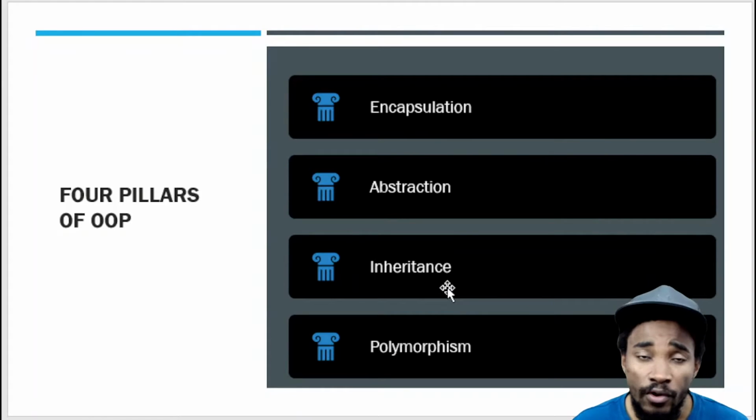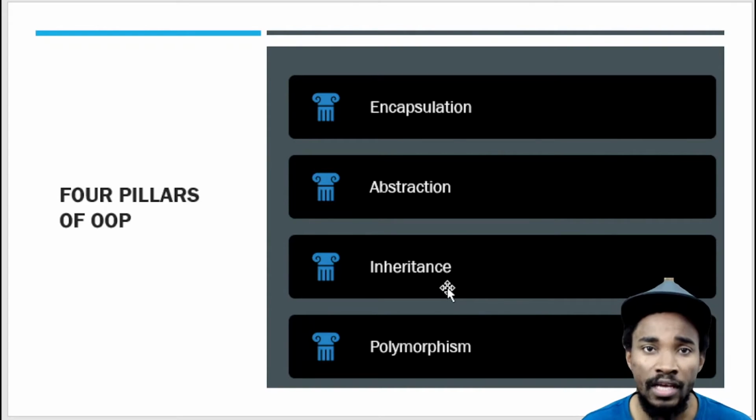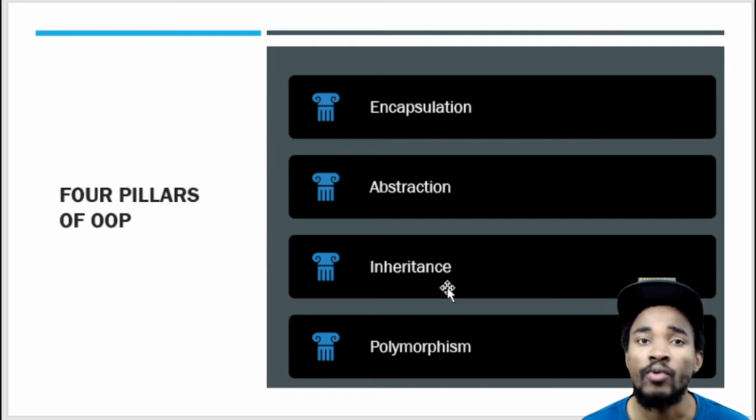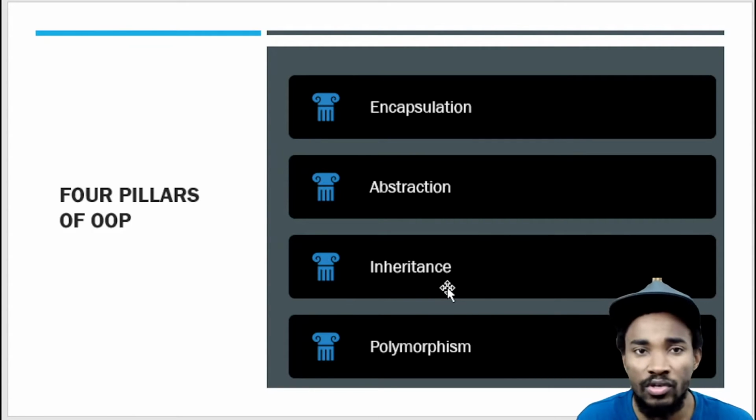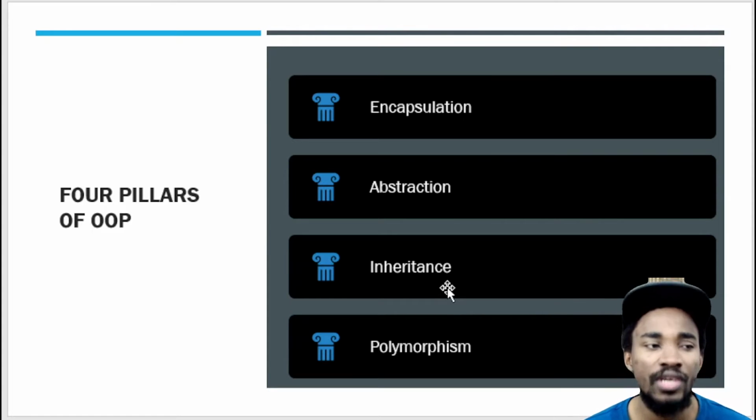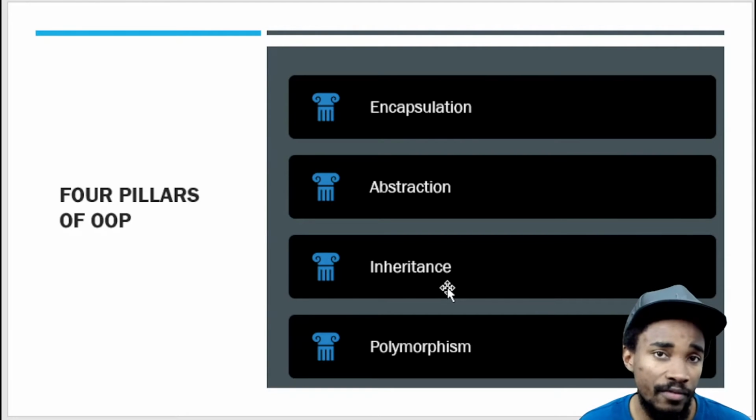These 4 things are the key pillars of OOP. If you can understand them, then you should be able to write your code using object-oriented programming. When they ask what is object-oriented programming, you can easily tell them that this is what it's all about: encapsulation, abstraction, inheritance, and polymorphism.